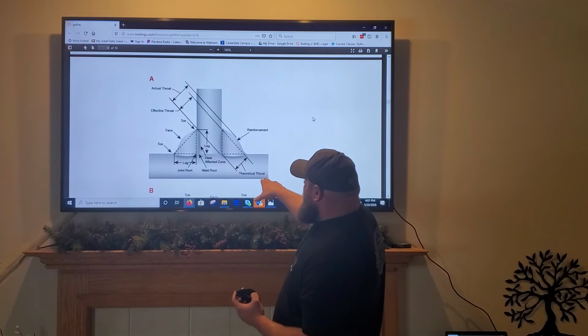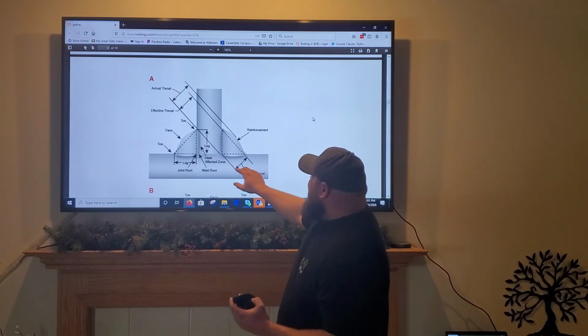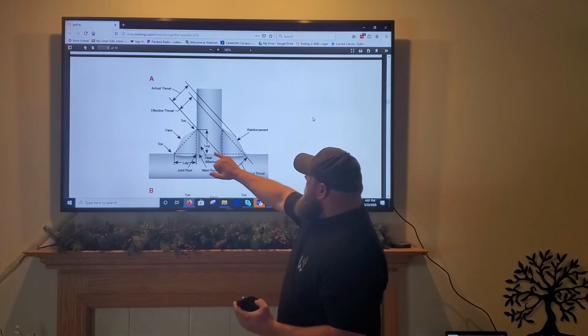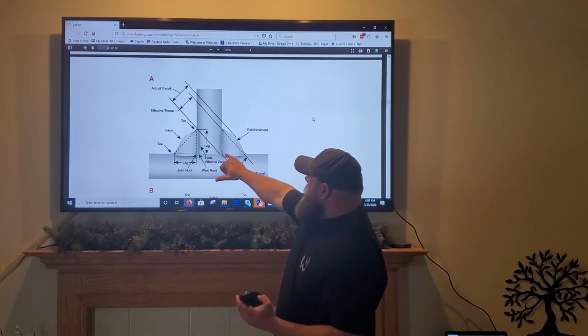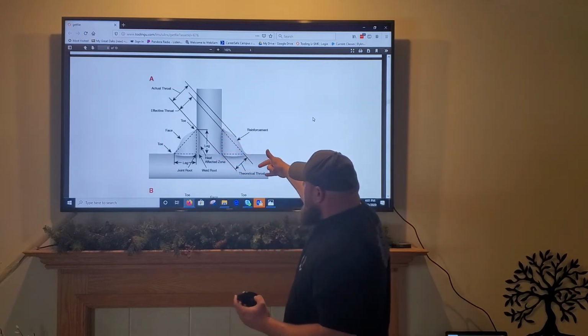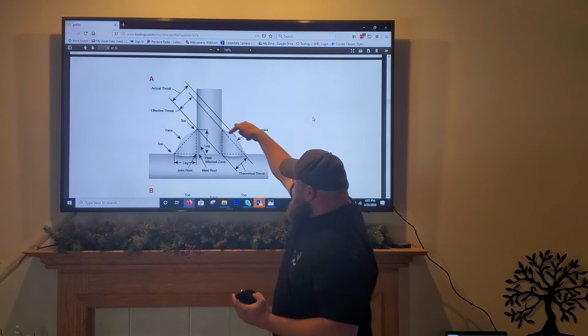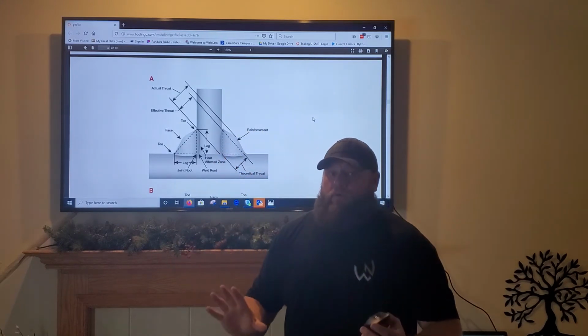You have the theoretical throat, which is again from the joint root, not the weld root, to the, I guess, imaginary line from toe to toe. So it's from the joint root, not the weld root. There's a difference.